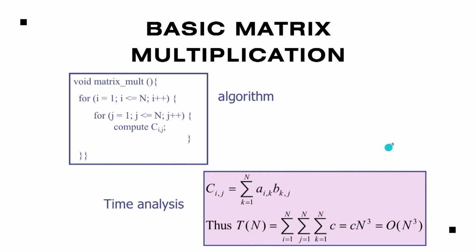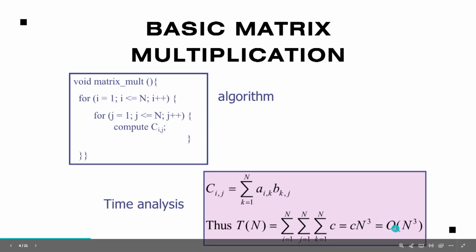I believe that by this time you might have even learnt this matrix multiplication in your C programming course, and that is the reason why I have not put up the actual code. Just by seeing this, you know that we multiply Aik with Bkj, and so we are supposed to maintain 3 indices, and that is the reason we have 3 nested for loops, and the time complexity is of the order of n cube.